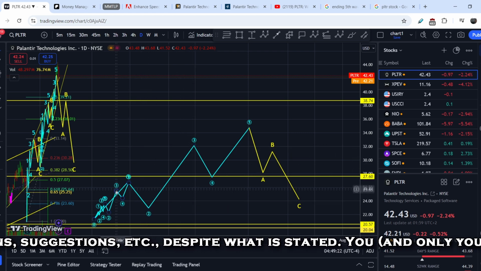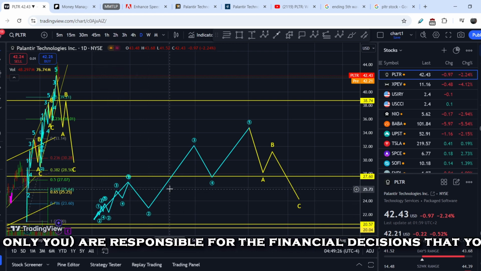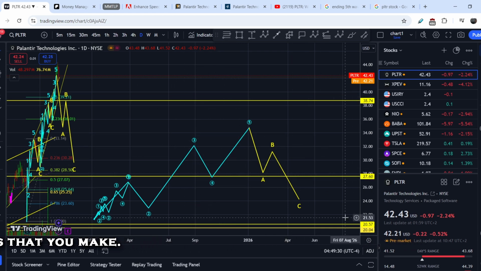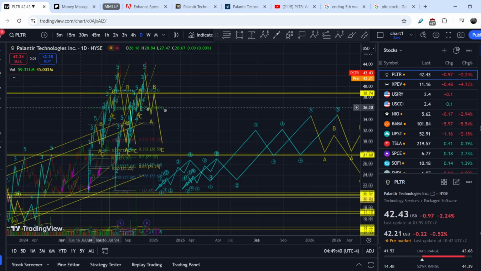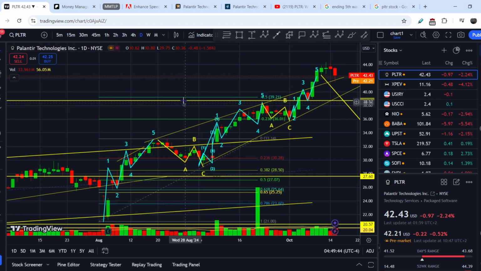And we have waves inside the waves inside the waves. Each and every wave has 5 waves to the upside, and then 3 waves to the downside. It is just a common blueprint of its price action, but in the 5th wave we might see these patterns, and this is a diagonal, and let me show you its breakdown in detail.